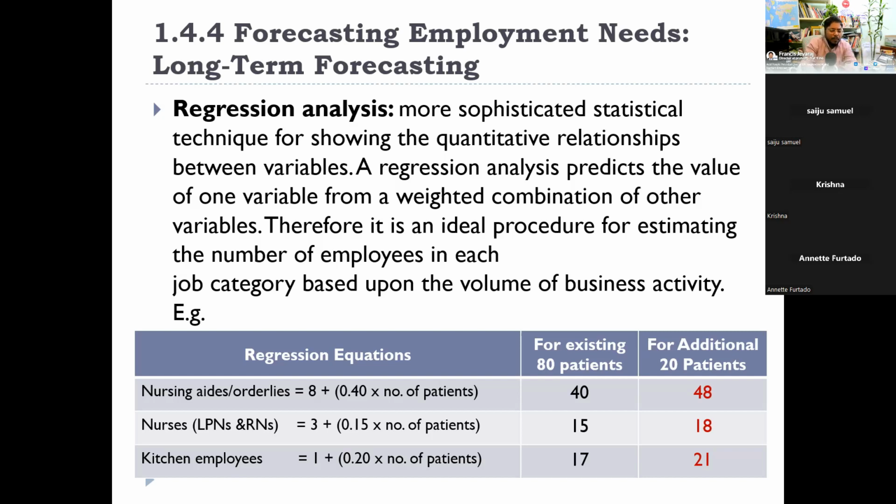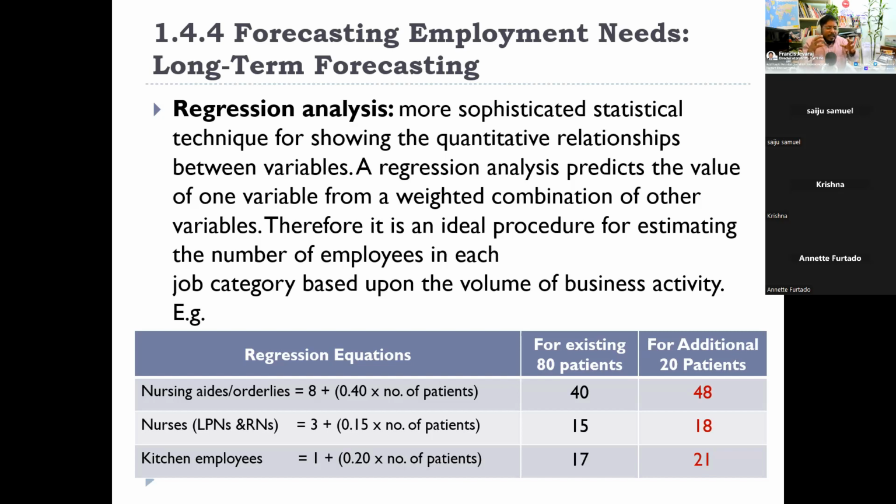So the number of patients is the independent variable. You need two variables to do the regression analysis, one independent and one dependent. So the hospital analyzes this relationship between the independent variable, the number of patients, and the number of employees in each job category, the dependent variable.